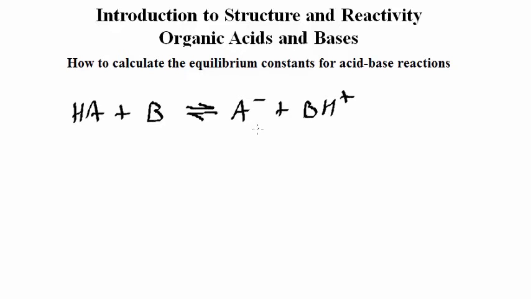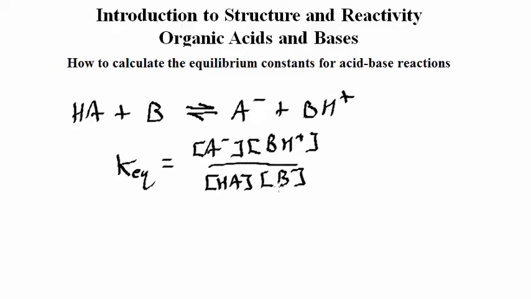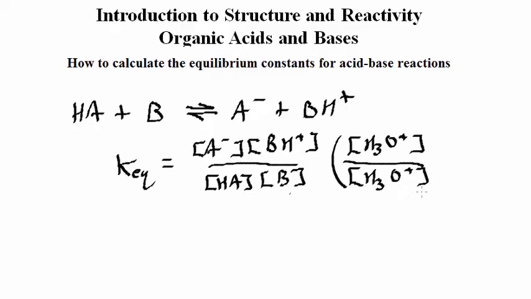So if we consider this reaction where we have an acid HA plus a base B reacting to form the conjugate base A- of HA and the conjugate acid of B, or BH+, the equilibrium constant for this reaction is given here: the concentration of A- multiplied by the concentration of BH+ on top, and HA and B on the bottom.